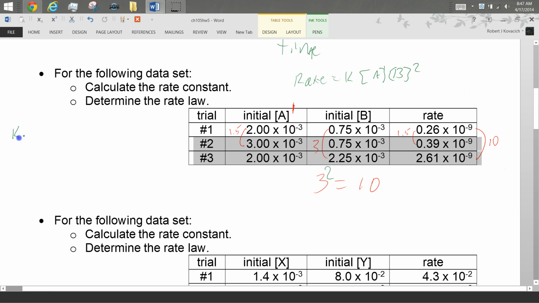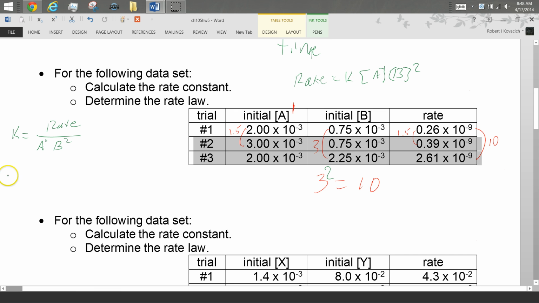So K will be equal to rate divided by A to the first and B to the second. And so I can pick any trial that I like and just plug numbers in. So I'll pick the first trial since it's the first one.